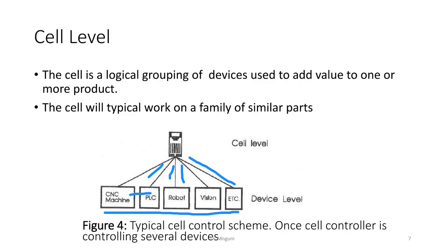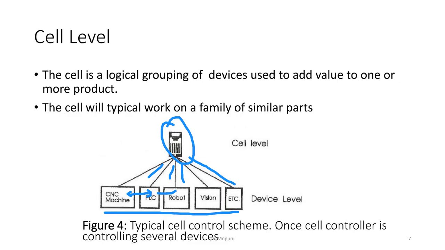Although they're not able to talk to each other, they need to be able to send information to the cell. Now, the cell itself needs to be able to see what information has been sent to it and then be able to send back the required instructions to the devices. And this needs to be done holistically so that they accomplish the required task for the day. Okay? And that is very important.